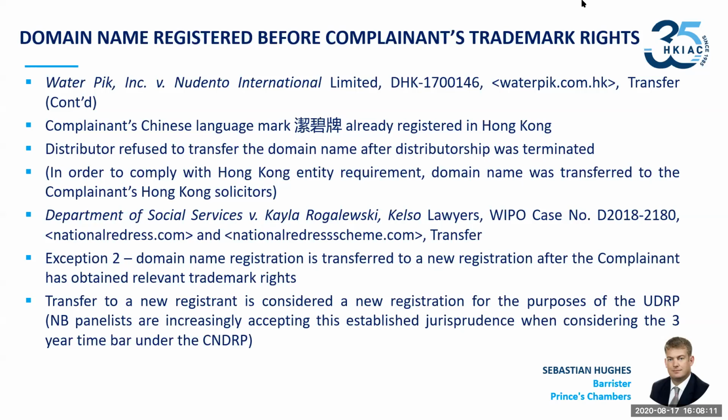Another example there is the nationalredress.com and nationalredressscheme.com decision. The respondent in that case was a solicitor in Australia specializing in representing victims of sexual abuse. And following a royal commission that was held in Australia, there was an announcement by the government that it would be setting up a national redress scheme in order to assist with processing compensation and redress for victims.